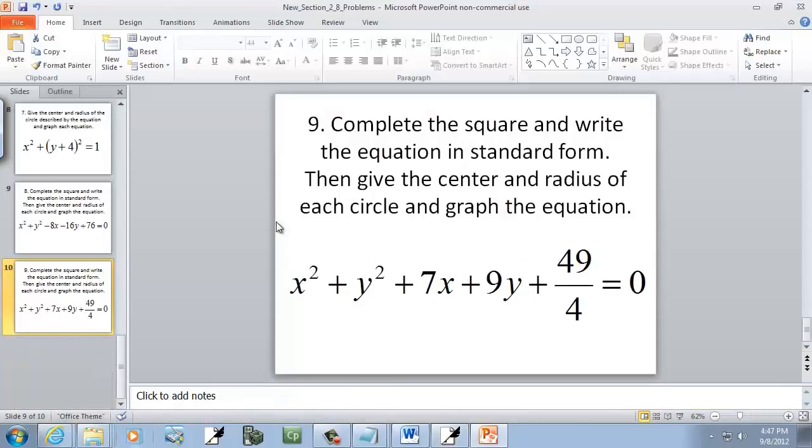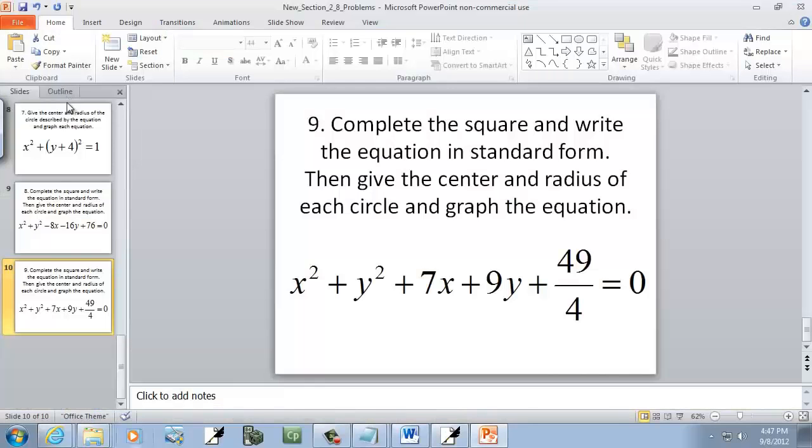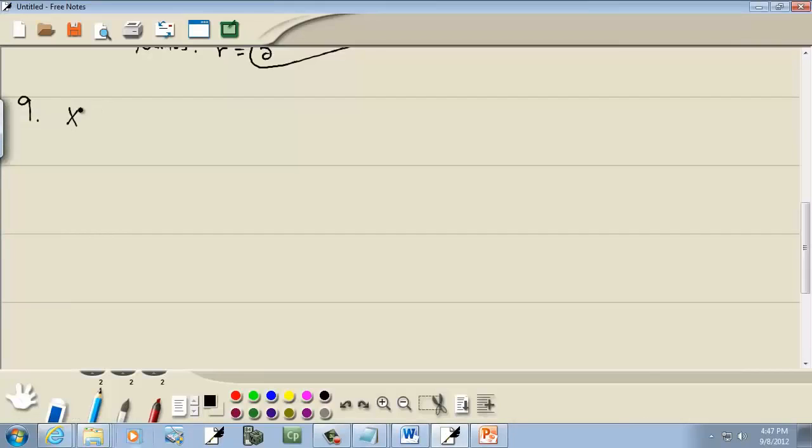Let's look at another one of those. We have x squared plus y squared plus 7x plus 9y plus 49 over 4. Step 1 we don't have to do still.